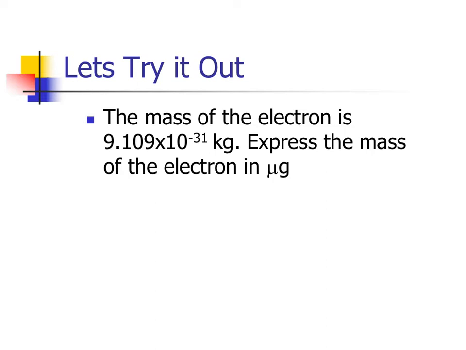I always prefer, especially when starting out, that we go step by step. Okay, I'm starting at kilograms. I need to go to the base unit of grams, and then I will know the conversion factor into micrograms. So it's doing the step that you need.